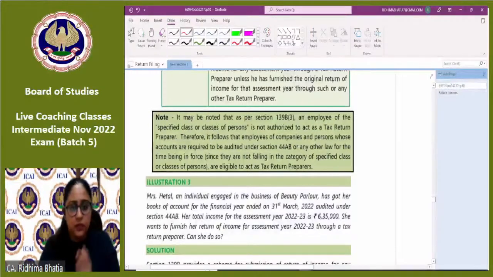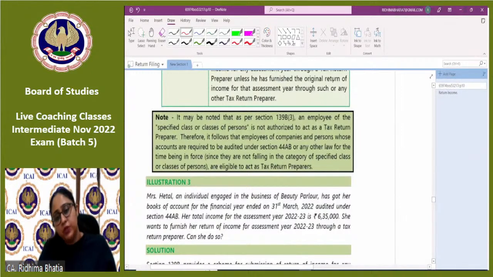Definitely, just let us complete this topic. Mohammed, very valid question: if you do not verify the return, you will assume that you have not filed the return. It is a defective return. It is an invalid return.